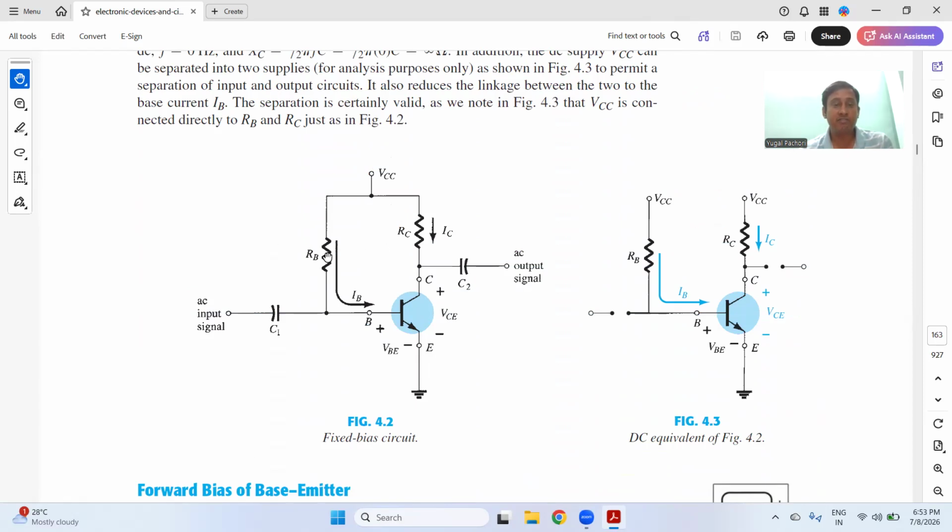RC and RB are fixed, and there is a supply VBE, where VBE equals 0.7, and there is a supply called VCE. If you arrange a circuit like this, in which you have RB, the base resistance, and RC, the collector resistance, but there is no emitter resistance, then this sort of circuit is known as a fixed bias circuit.